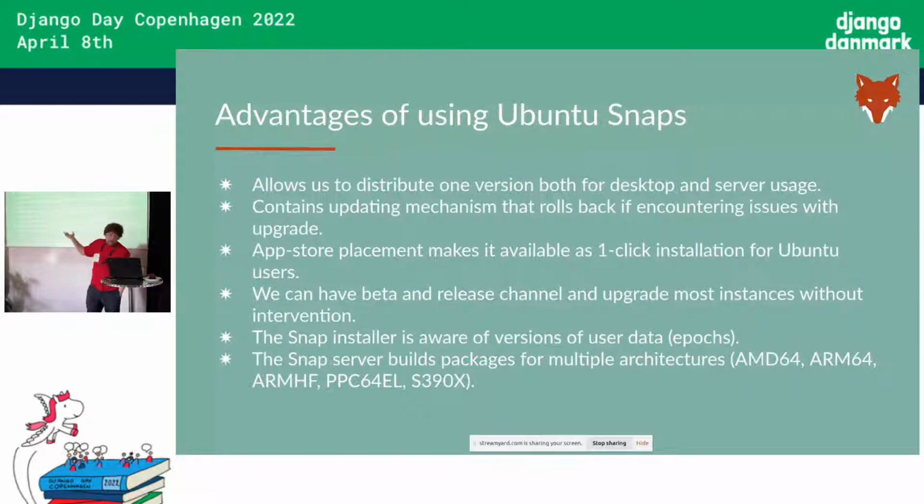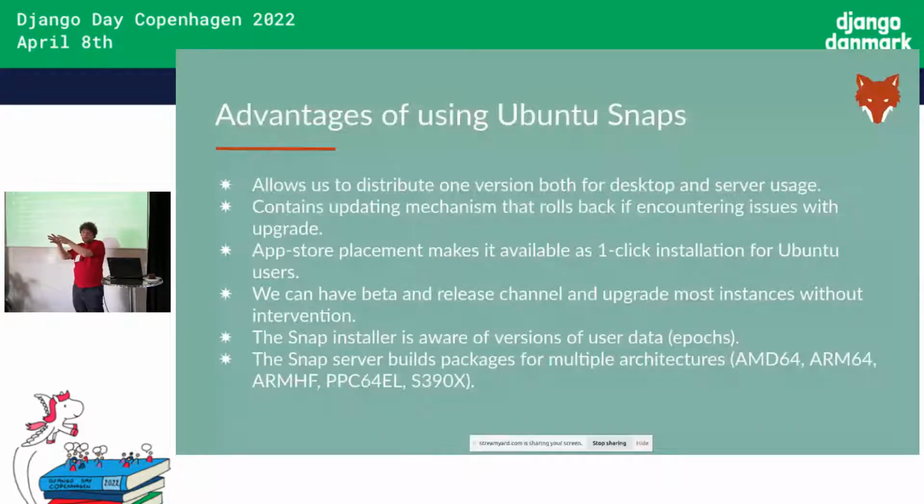Now, we have the desktop and server in the same app. And there are also some advantages for how the update works. What it does is it takes the data that is associated with an app and tries to use it with the new version of the app.